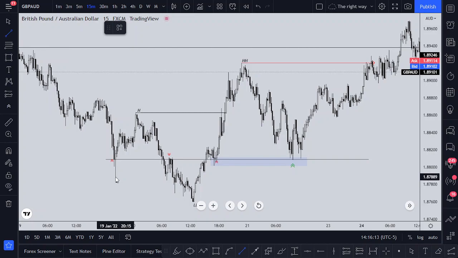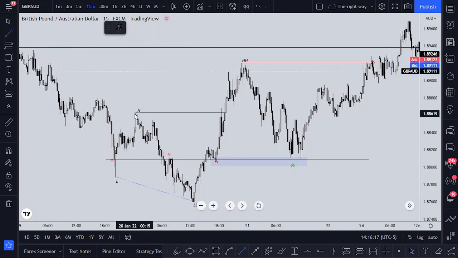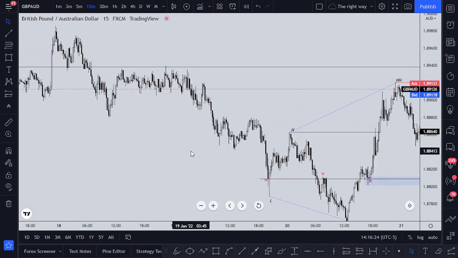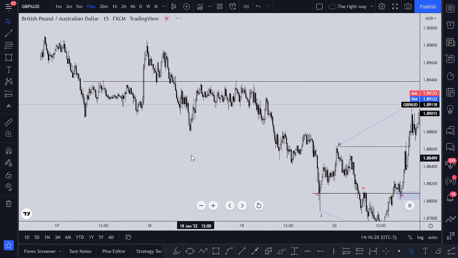So just to check the difference between the other one, let's check on the sell scenario. Now, this is the sell scenario.